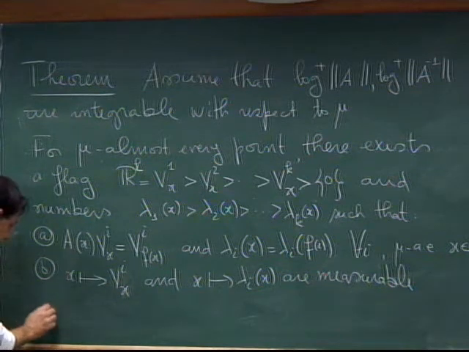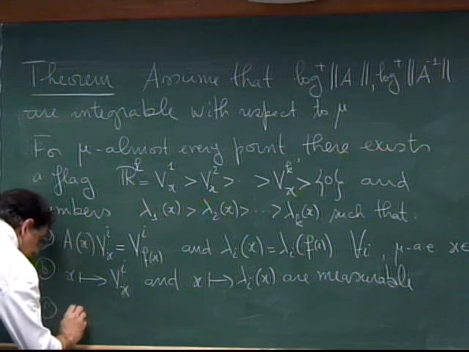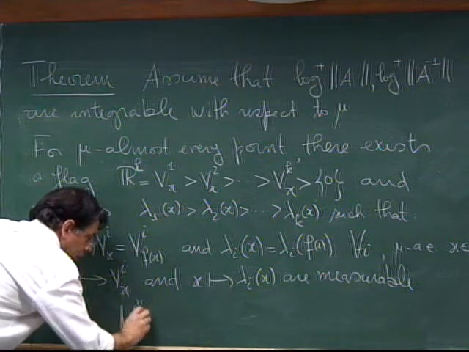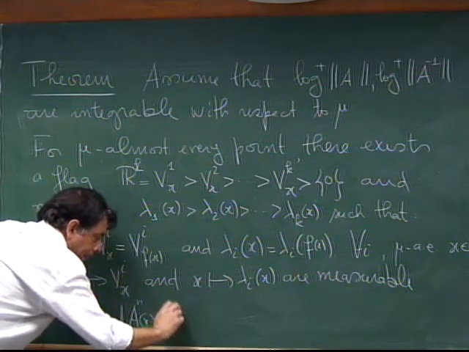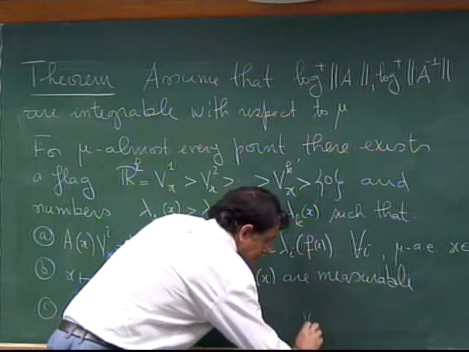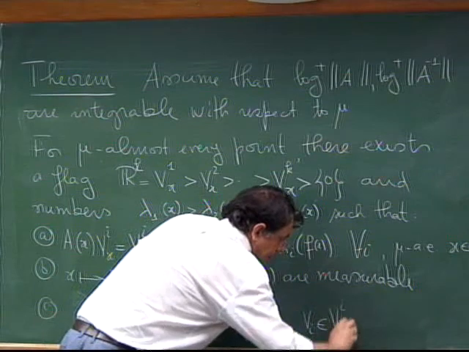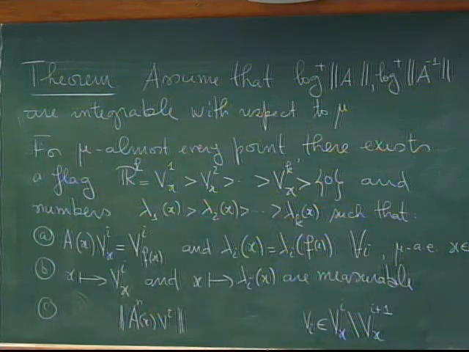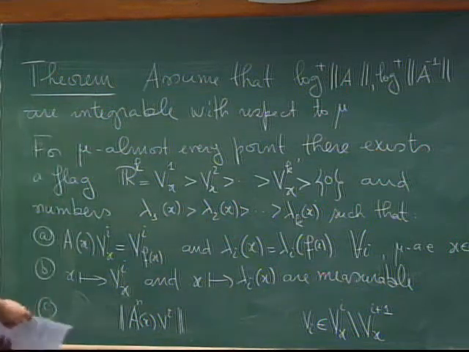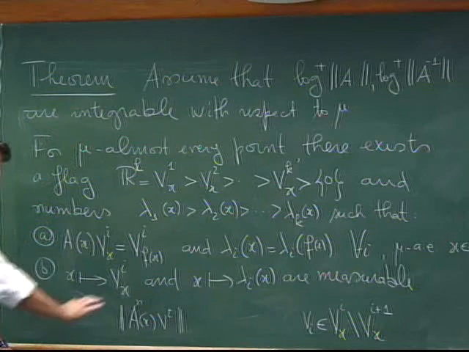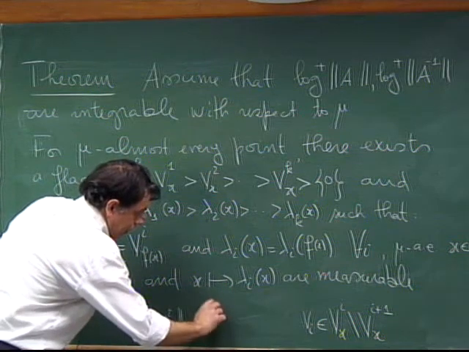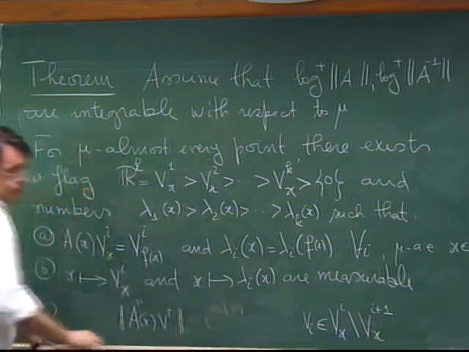And the main property is the last one. It says that if you look at vectors vi in Vi(x) minus V(i+1)(x), so in the difference between two consecutive subspaces in the flag, and you iterate those vectors, then the norm grows like e to the n times lambda i of x for n large.